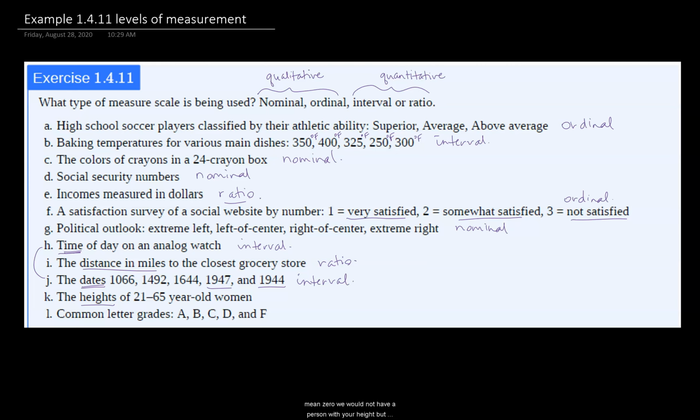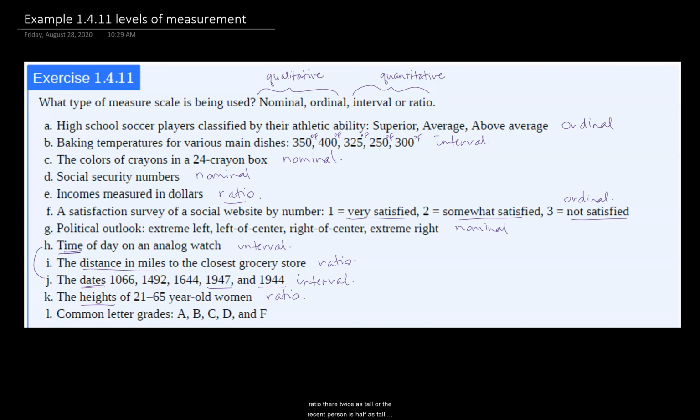If you had someone who was 3 feet tall and someone else who was 6 feet tall, we could say that the 6 foot tall person is twice as tall as the 3 foot person, or the 3 foot person is half as tall as the 6 foot person. The ratio is meaningful between them. And so for heights, we do have a ratio level of measurement.